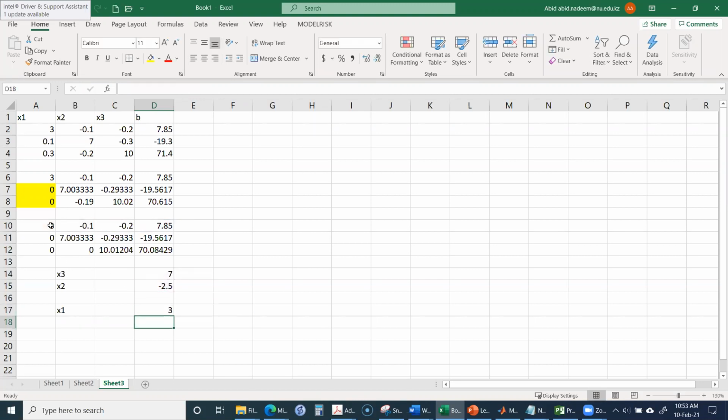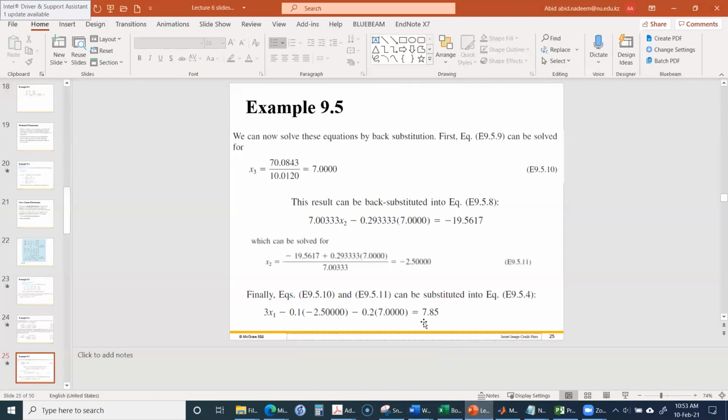So I will get this value, that is 3. I got 3, but here I got 7.85. Some mistake.